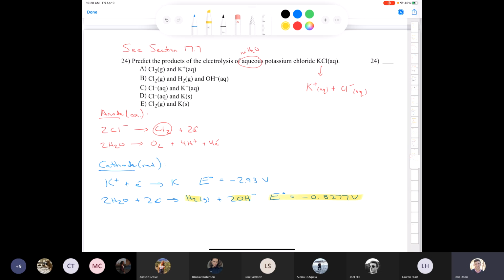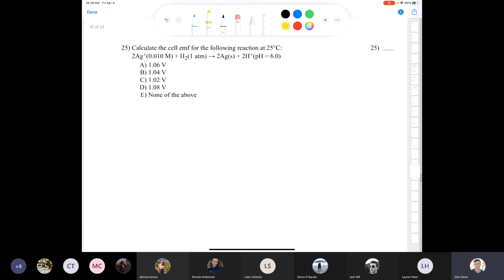I'm not going to do it right now because I don't have time, but if you compare the spontaneity of these two reactions, you're going to see that the chloride is going to be preferentially formed over oxygen and protons. And so the three species that we're going to end up with are chlorine gas, hydrogen, and hydroxide. This is called the chlor-alkali process. Again, I don't ask a question exactly like this one, but I asked something in a similar vein that's a little bit simpler.